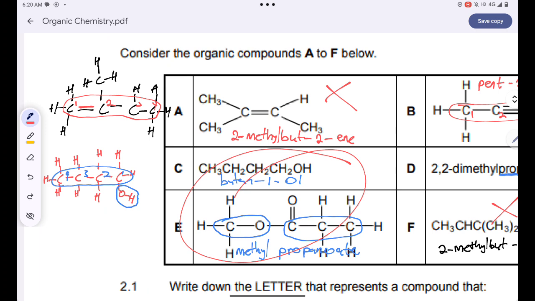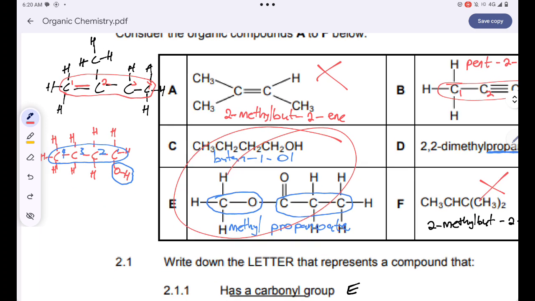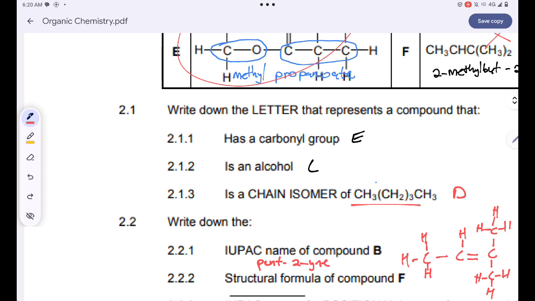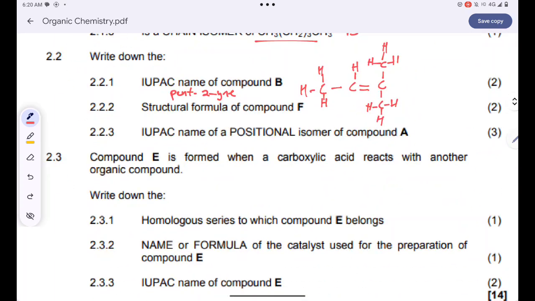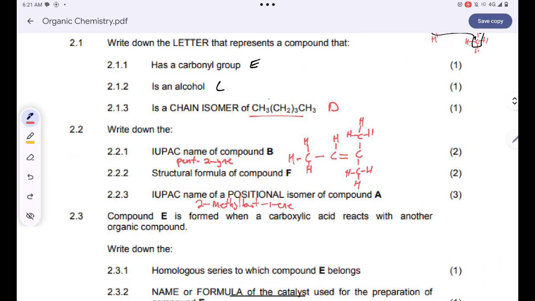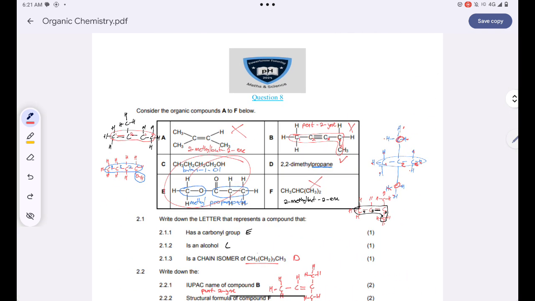It will obviously have a different IUPAC name. So now I can see, yes, I still have 2-methyl, but now I have but-1-ene instead of but-2-ene. It will be 2-methylbut-1-ene. Are you together?